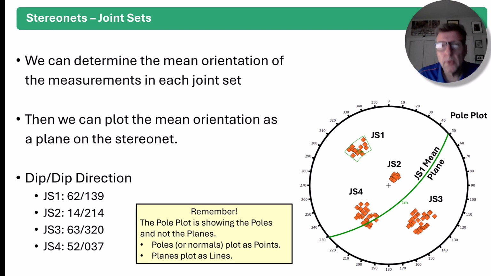Okay. Now, we know how to plot our data, our joint data, our discontinuity data on a stereo net. We want to be able to assess planar sliding instability. Okay. And we're going to do that using these 3 joint sets that are shown on this slide.